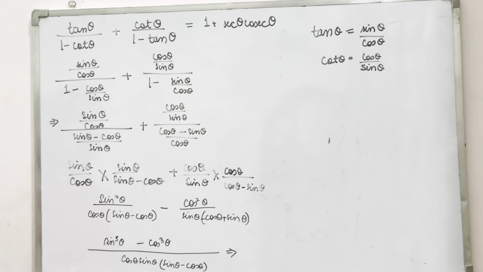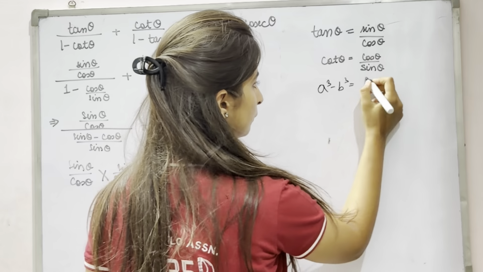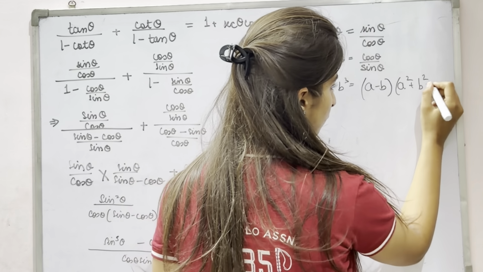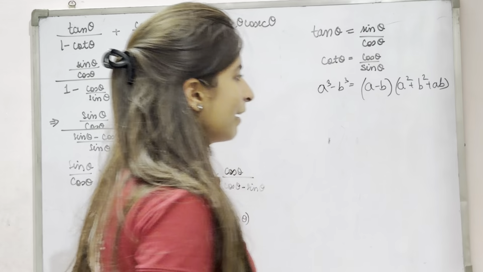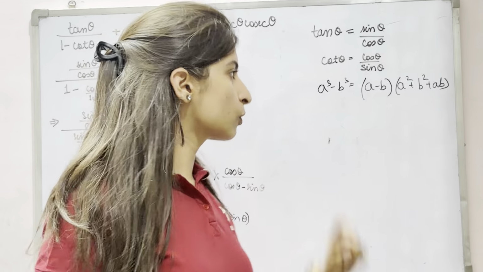Next is the identity I am going to use, which is a cube minus b cube equals a minus b times a square plus b square plus ab.